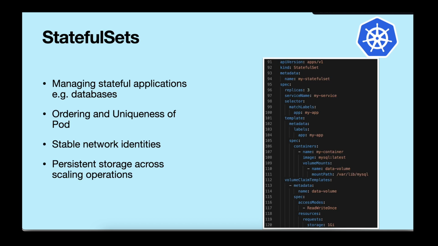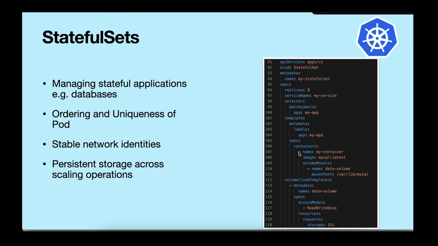Now comes the stateful sets resources. These are the resources designed for managing stateful applications like databases. They provide guarantees about ordering and uniqueness of pods, ensuring stable network identities and persistent storage across scaling operations and node failures.